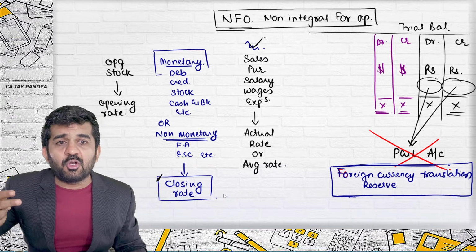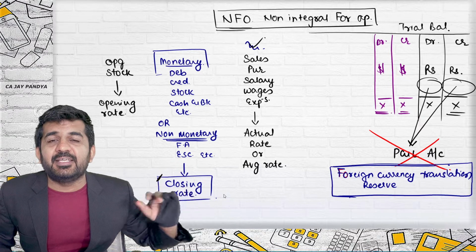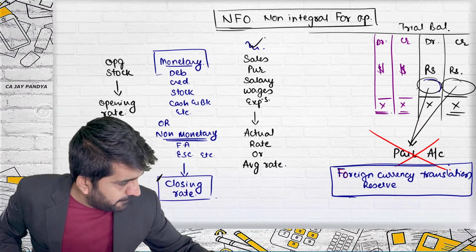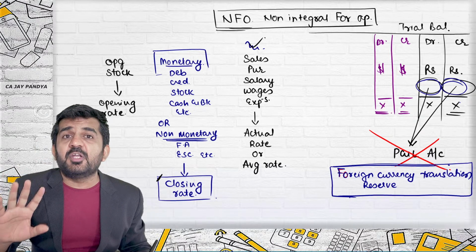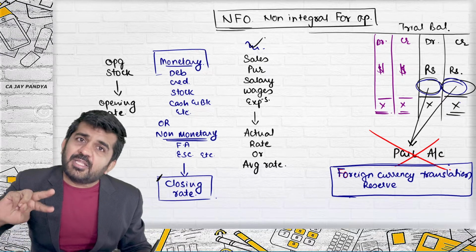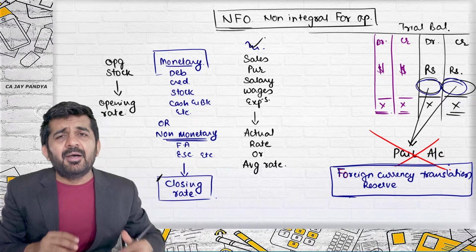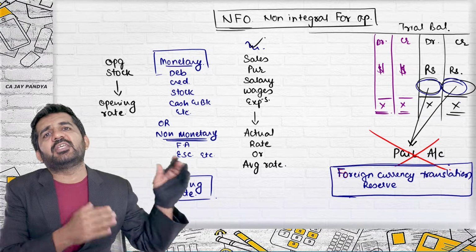Then the profit or loss on that conversion of foreign currency translation is just because the foreign currency is fluctuating. If it was remaining same, this difference would not have arisen. So there is a profit and loss, agreed, but it is long term, not a very integral part of our business. Let us carry it forward.